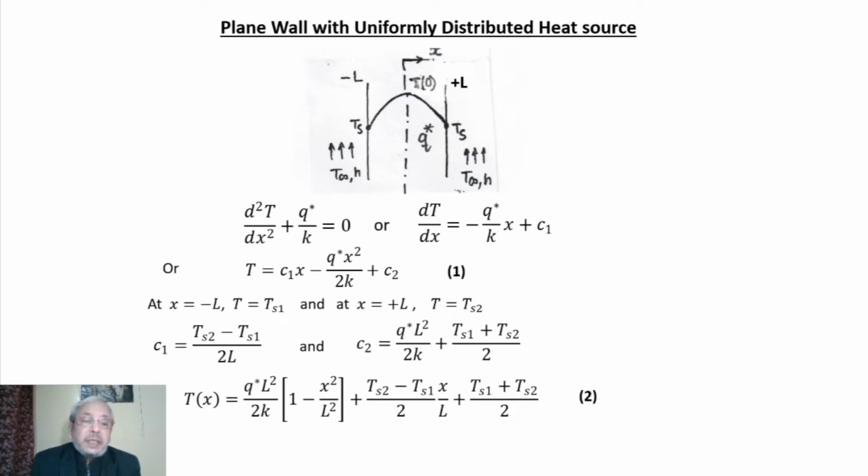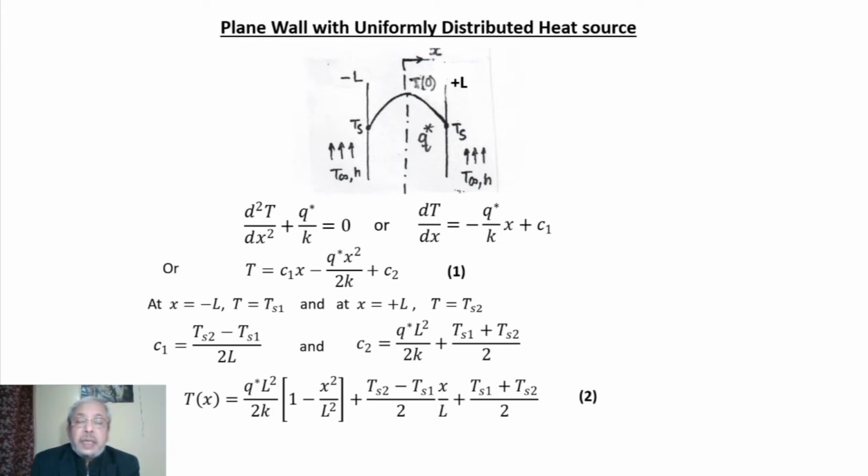Now the boundary conditions: at x equal to minus L, T equal to Ts1. Although we have written S here, let us call it Ts1. And at x equal to plus L, T equal to Ts2.